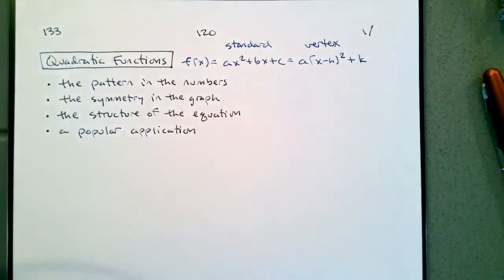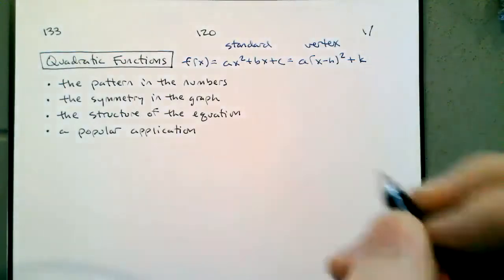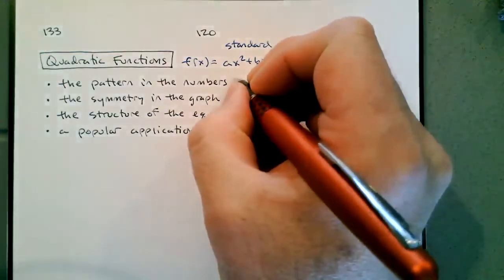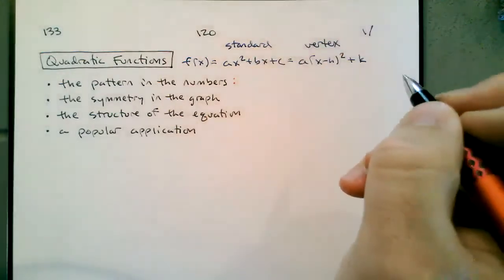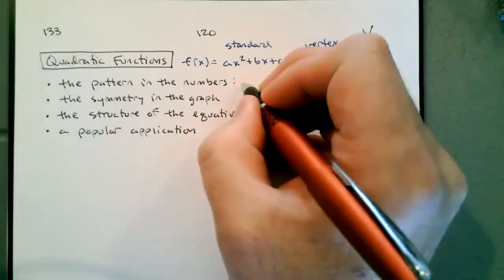All right. We want to think of functions in terms of the rule of 4, which means numbers, graphs, equations, and words. And last time we talked about the pattern in the numbers, and we characterized the pattern in the numbers by saying that the rate of change is linear.